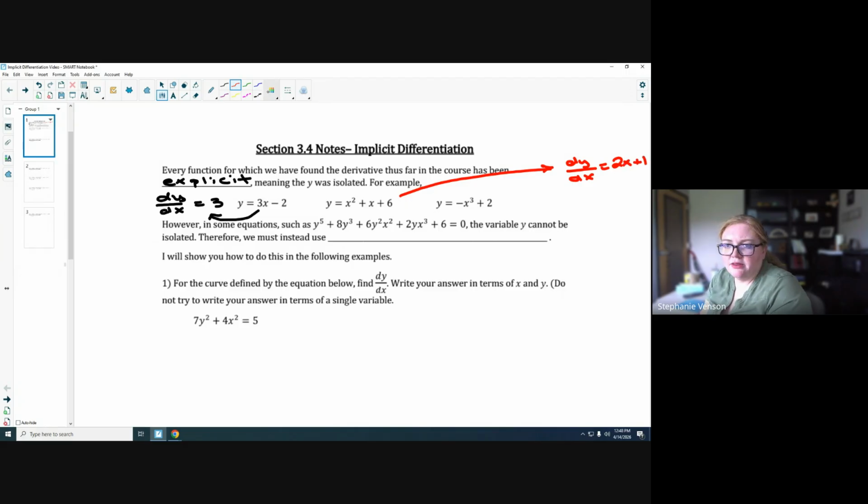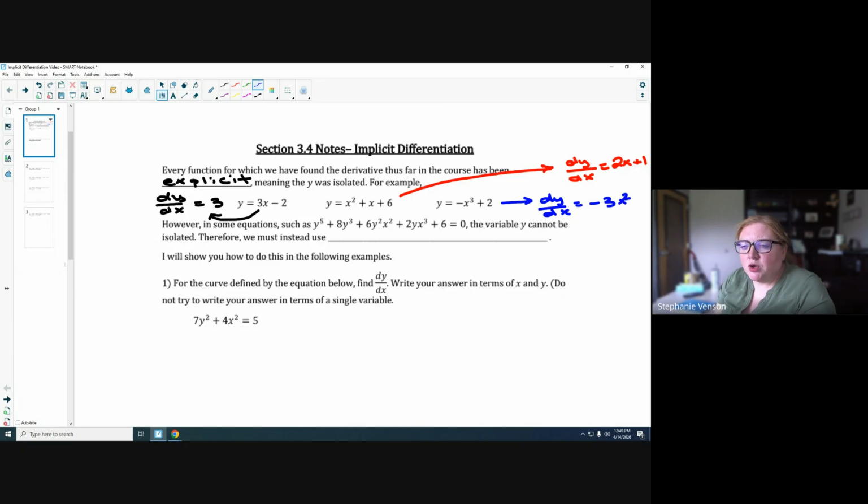And then the third one would be dy/dx equals negative 3x squared. That's taking the derivative explicitly. That's what we've been doing the whole semester.